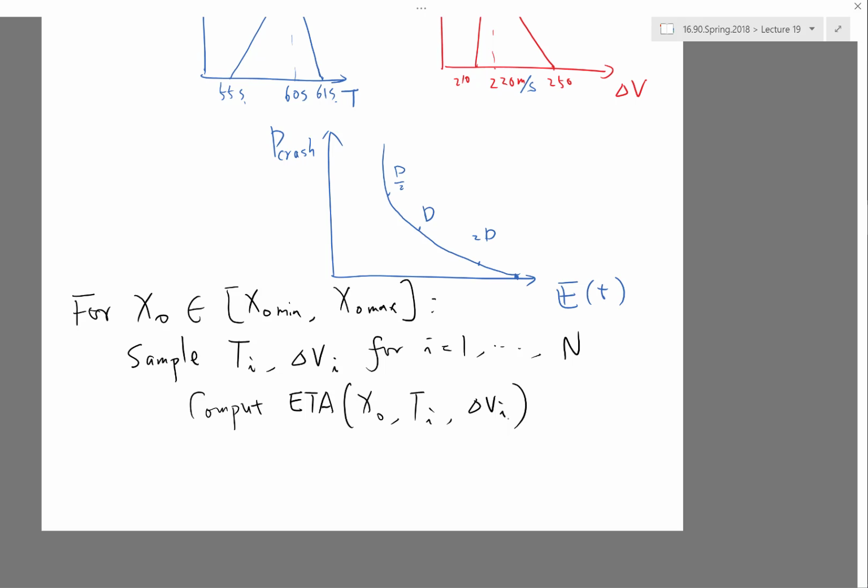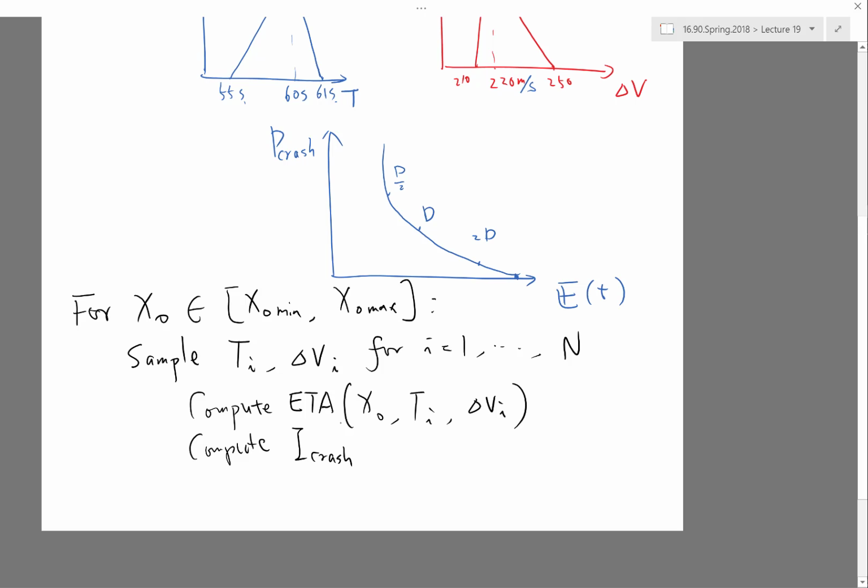So basically, we're going to talk about how to compute the ETA, but the overall procedure is the following. The ETA contains the optimal strategy to use for firing the cold gas thruster. That's right. And also compute I_crash.